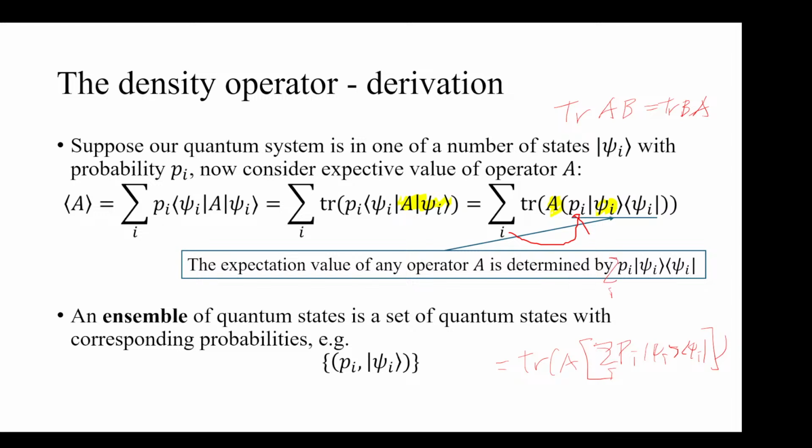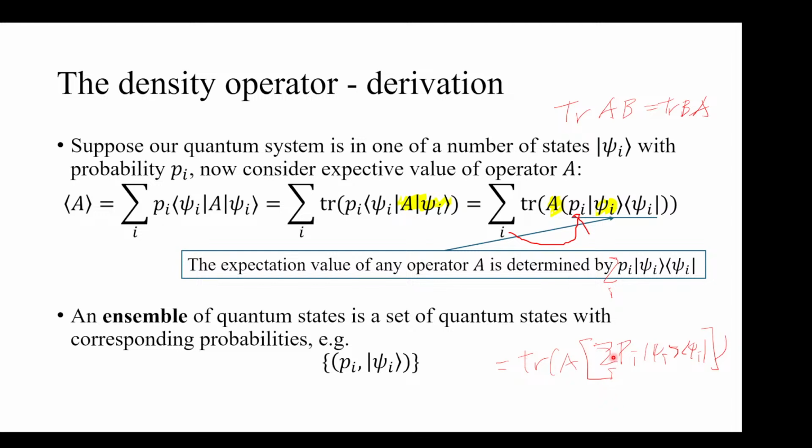So what has all this done? All this shows is that the expectation value of A only depends on the summation over i of pi times the projector onto psi i, the ket psi and bra psi. We see that the expectation value only depends on this thing. Sorry, I have a typo here.